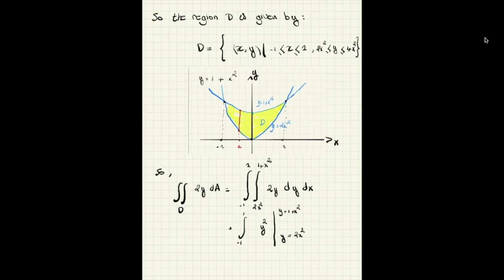Okay, and then you integrate everything that you get with respect to dx. Right? So this is the integral from -1 to 1 of 1 plus x squared minus 2x squared, right? dx.